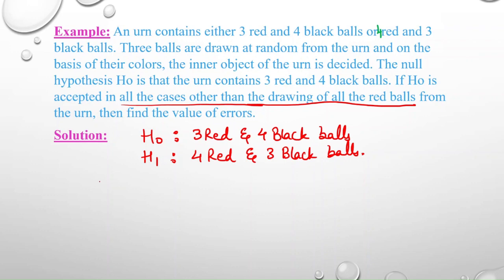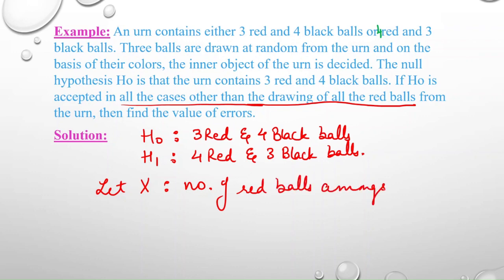So let us first define X, the number of red balls amongst the 3 balls, because we are drawing 3 balls at random from the urn. So X could be 0, 1, 2 or 3.